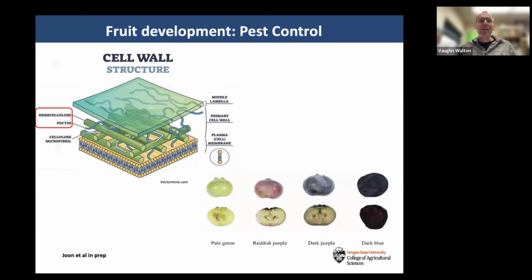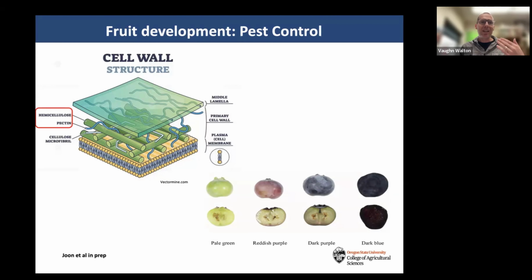If we look at a plant, what this plant needs to do is it needs to protect that berry, and then that berry needs to ripen, and that berry needs to be attractive to, let's say, plant-eating insects. We also now, as human beings, are using those plants. But when we're looking at that ripening period of the berry, this plant cell wall consists of various structures that protects it.